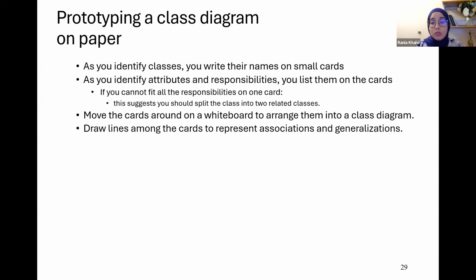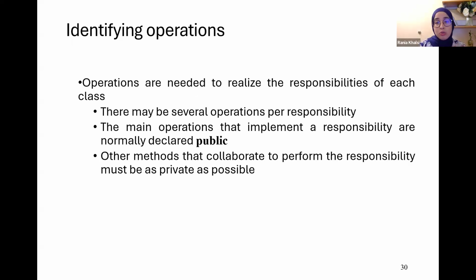Then as you identify the classes, try to make sure that you identify names and responsibilities, basically the attributes of these classes. And then also include the operations that represent the functions of the classes. Again, it's easy to identify these functions once you have identified your classes properly.